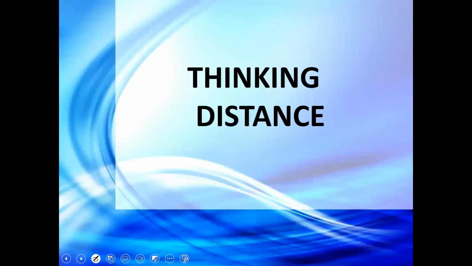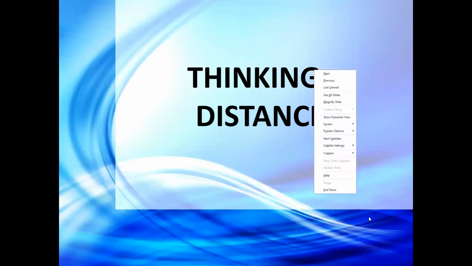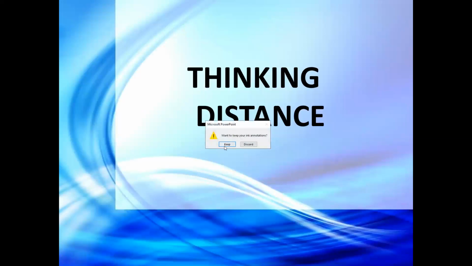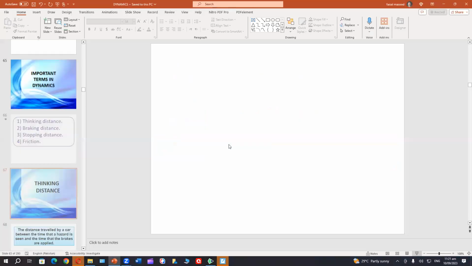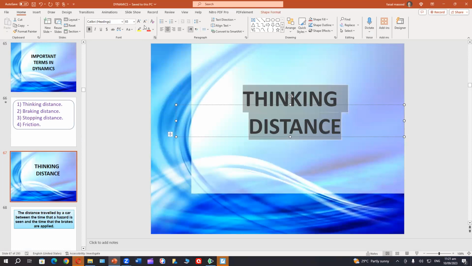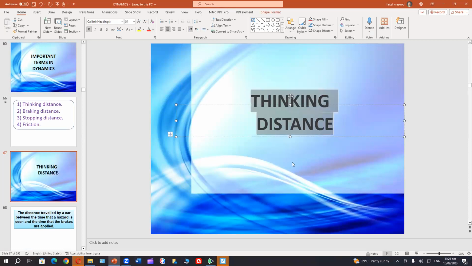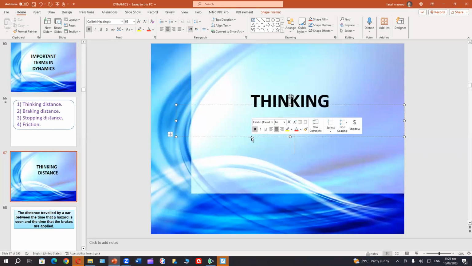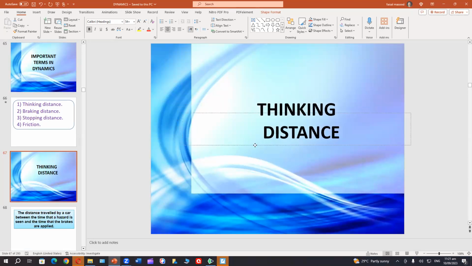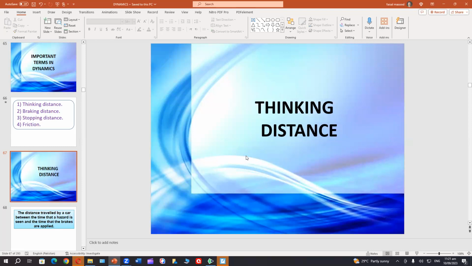Now give the heading thinking distance. Okay, sir. What is the concept of thinking distance? Thinking distance is defined as the distance traveled by a vehicle after the reaction of the driver.